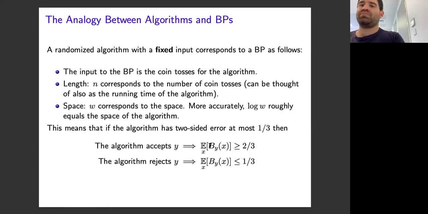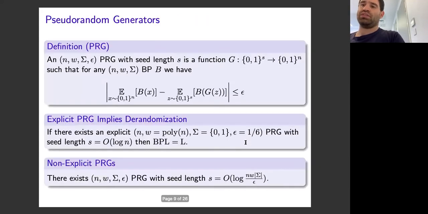The space corresponds to the width W, and more accurately, the space roughly equals log W. And this means that if your algorithm has a two-sided error at most 1/3, then the acceptance probability of the BP over a random input is at least 2/3, and otherwise at most 1/3.